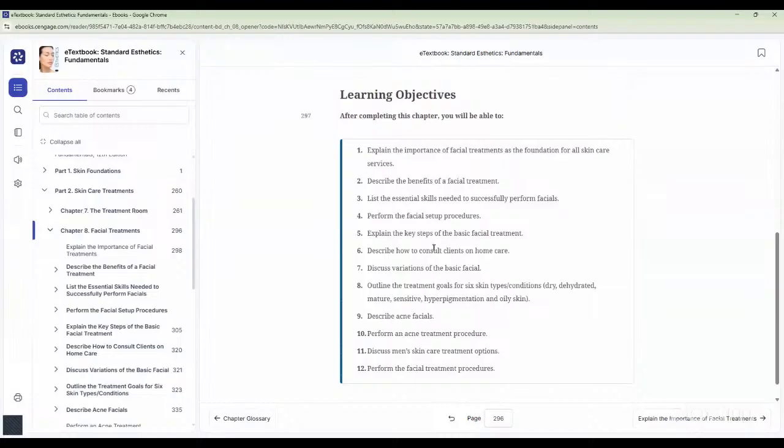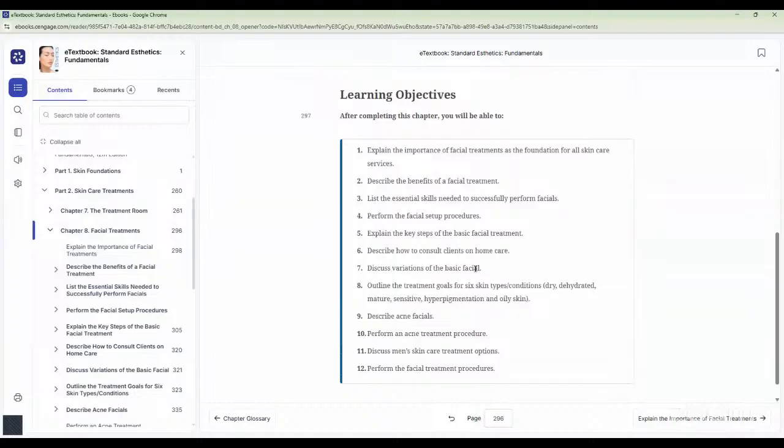Number 6, describe how to consult clients on home care. So you're going to do some education as well. Number 7, discuss variations of the basic facial. There are many different types of facials, and you must have a great understanding of this because this is the way that you can customize. Again, I use that word customize and tailor facial treatments to each client.